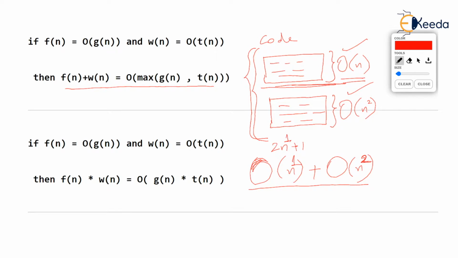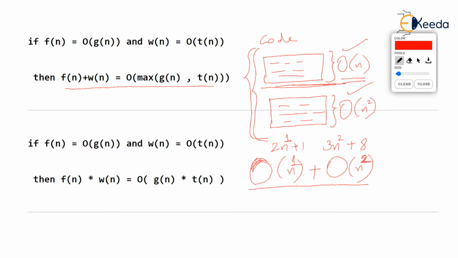So we discarded all the constants and multiples and we wrote O of n. And in the lower part of the code, where we said that performance is O of n square, we must have got some polynomial like 3n square plus 8, something like that. When we try to actually count the frequency of the statements, we would get some polynomial like this. And then we discarded the constants and we said that it is O of n square.